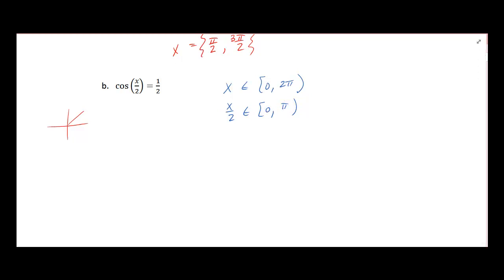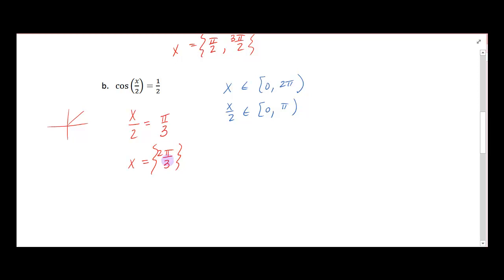So now we go back and say, what angle, when I take the cosine of it, gives me positive 1/2? That's occurring at pi over 3. Since I'm solving for x, I'm going to multiply both sides by 2, and I find out that x is equal to 2 pi over 3. So this is the only angle that satisfies the solution that I need.